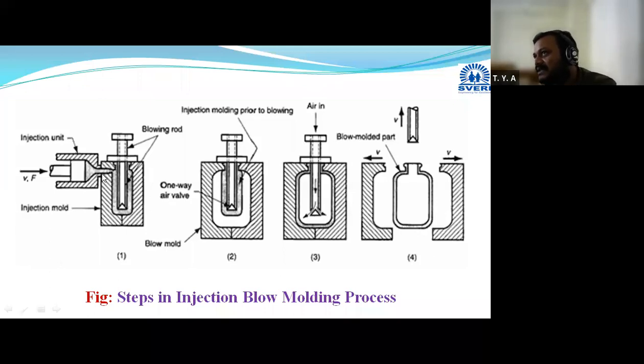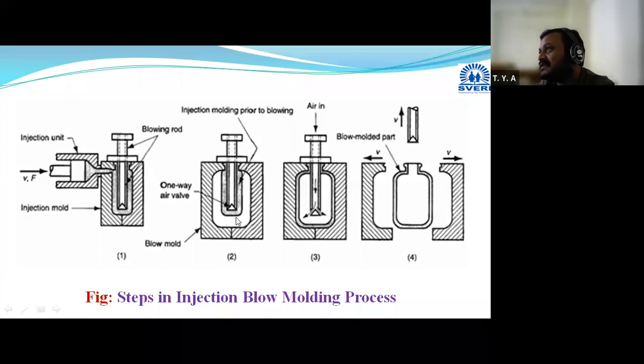After manufacturing that Parison or preform, the remaining operations will be the same. Just for manufacturing that Parison, we are using the injection molding process, and after completion of this process, we will get that Parison.